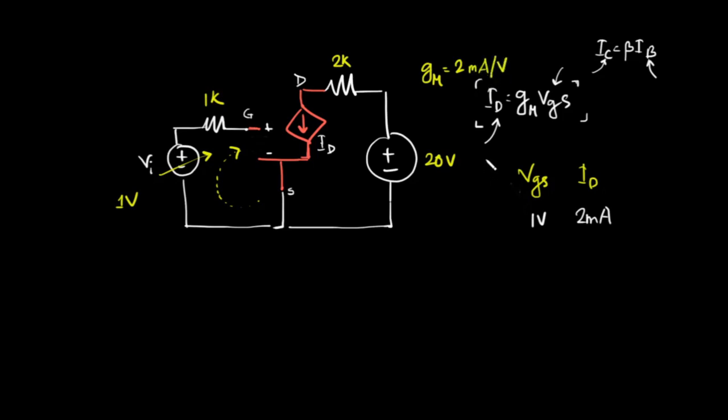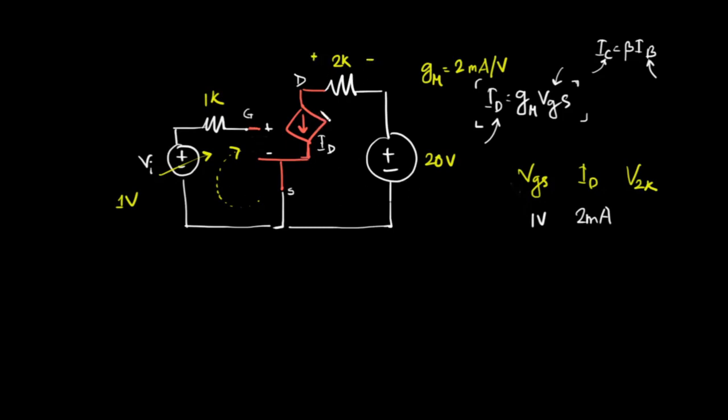So if VGS is 1 volt, then multiplying by 2 milliampere per volt, ID will be 2 milliampere. If ID is 2 milliampere, then what will be the voltage across this resistance, V2K?